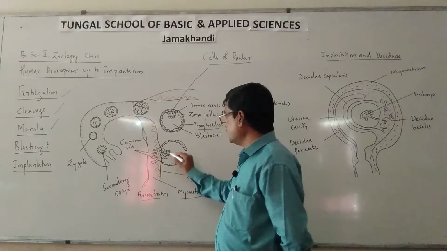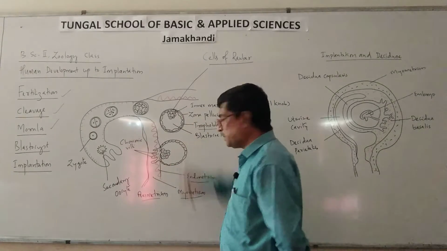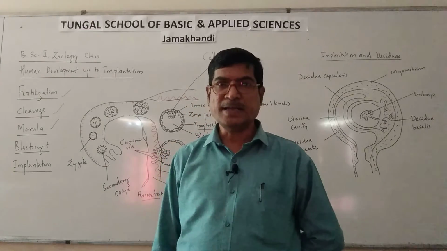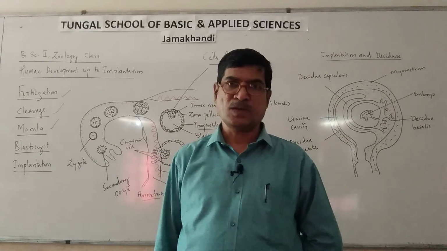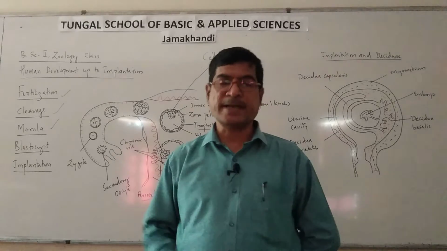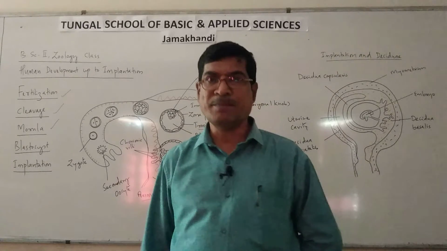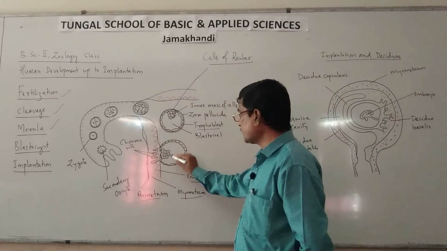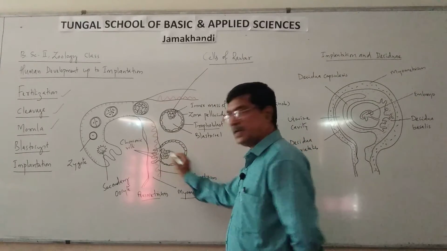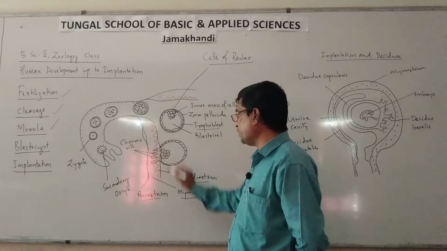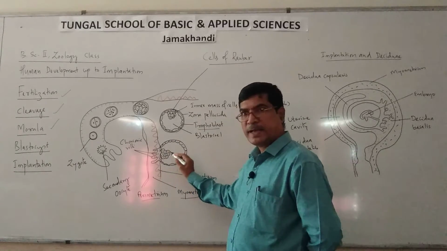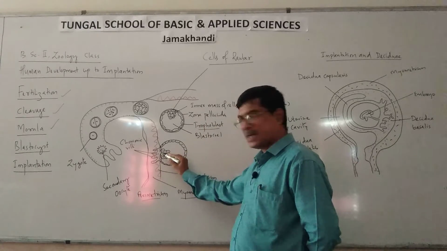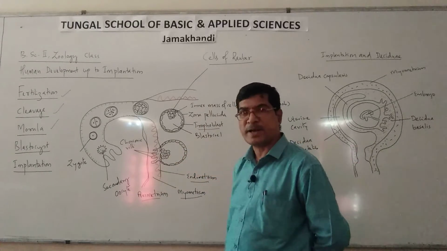This attachment of the embryo starts about 7 days after fertilization, and it takes another 3 days to complete the process of implantation. Where exactly? Where the inner cell mass is, that part adheres to the endometrium.